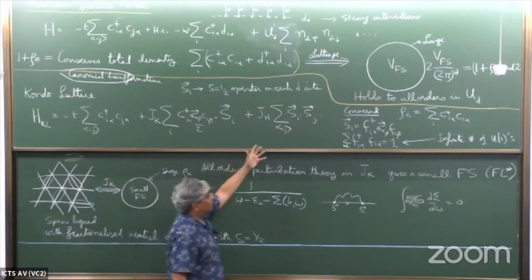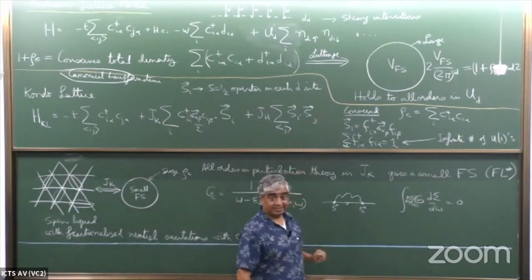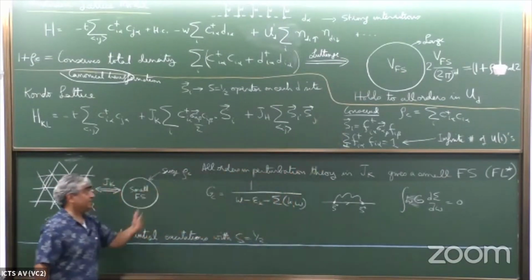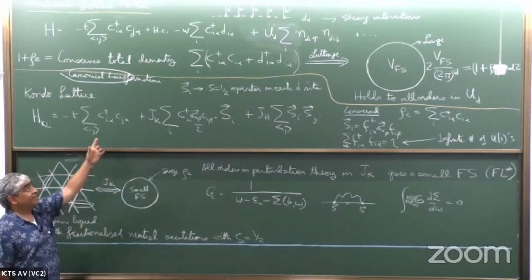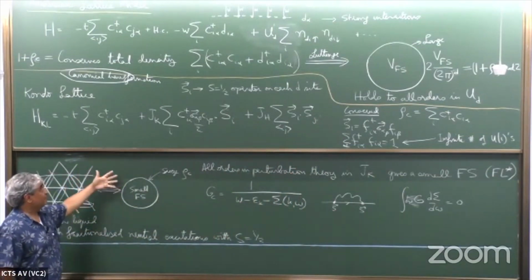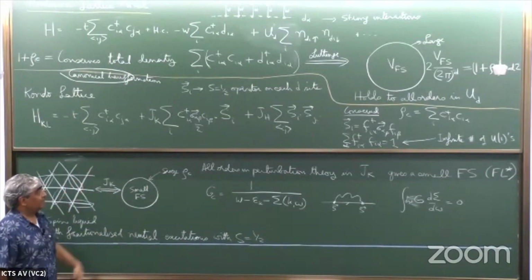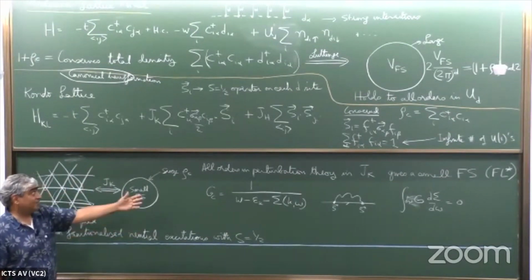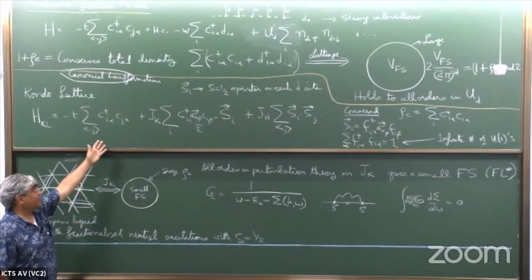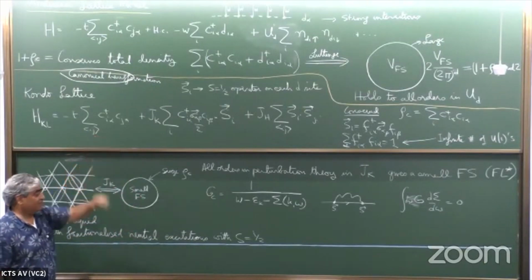But from this point of view then, how do you get the large Fermi surface? So from this perturbation theory, how are you going to get the other state? If this Kondo lattice formulation gives us something new, well, okay, but why should I believe it? Can the Kondo lattice formulation give me the other state? So let me quickly review how that's done.